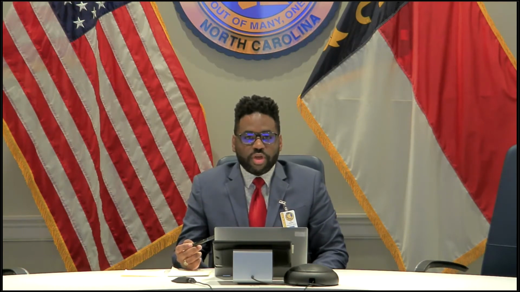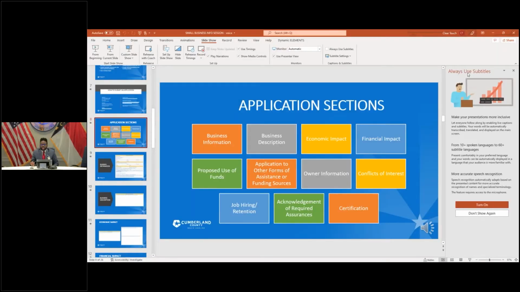So on the application sections, there are 11 application sections, and it begins with business information, business description, economic impact, financial impact, proposed use of funds, application to other forms of assistance and funding sources, the owner information, conflicts of interest, job hiring and retention, acknowledgement of required assurances, and certification.